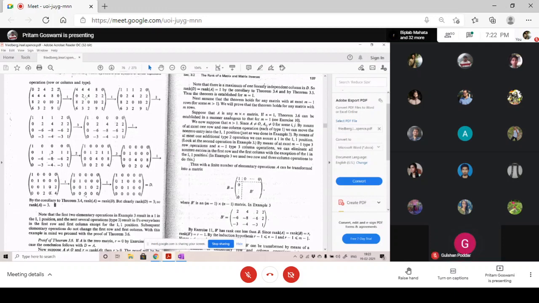Yes, sir. We can see. Okay. So in the first case here, they have interchanged the first row and second row. After that, they have multiplied the first row by 1/4 and they have got this matrix.